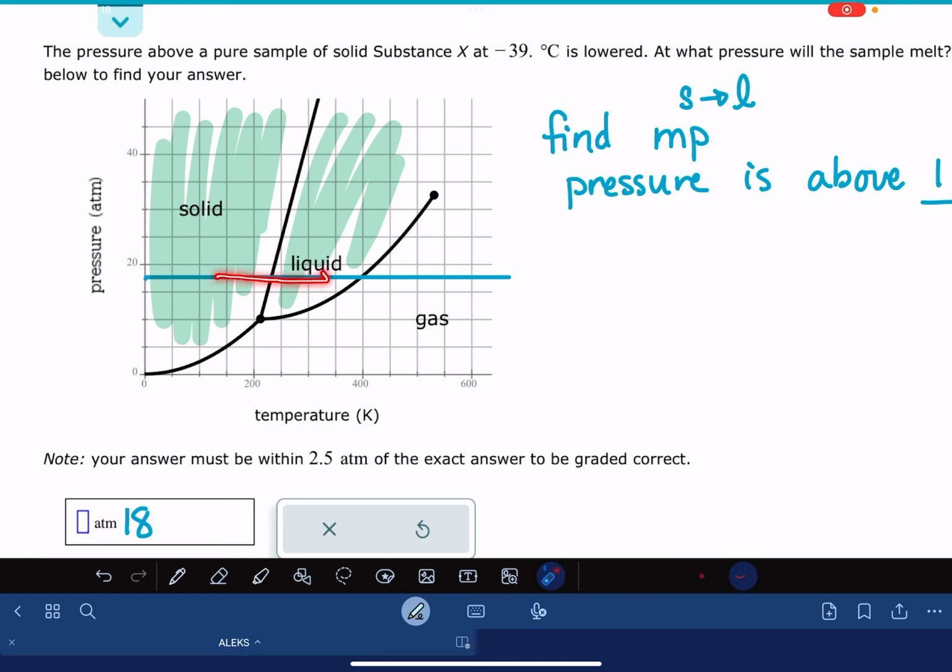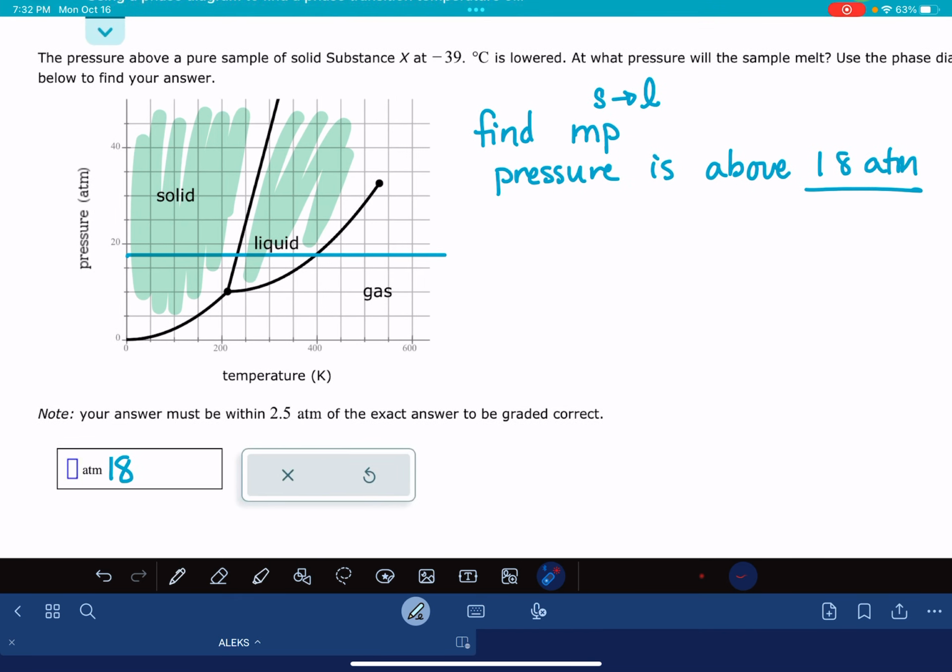And it looks like this is the point right here. This is the point where that transition would occur, and so I would just be estimating the temperature in Kelvin at that point. I do think for this particular problem, we're going to get the temperature in Kelvin off of the phase diagram, and then ALEKS is going to ask you to convert it back into degrees Celsius, which is a little bit irritating, but that's what you're just going to have to do.